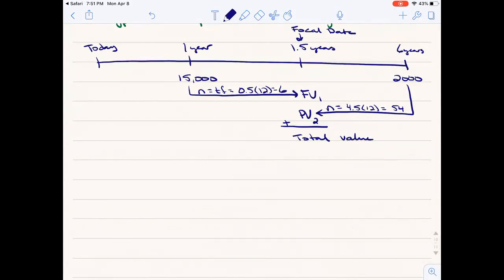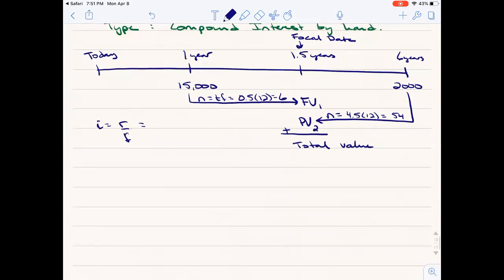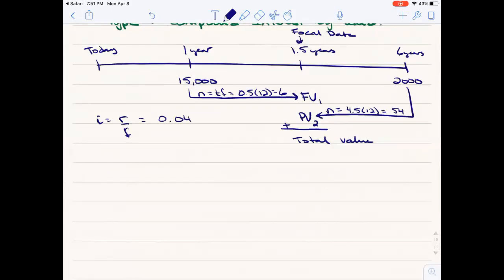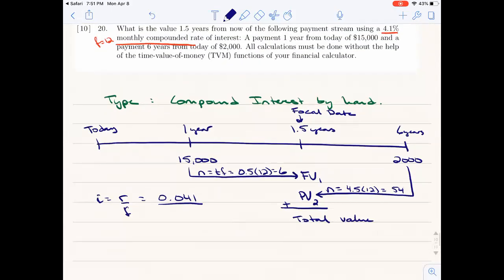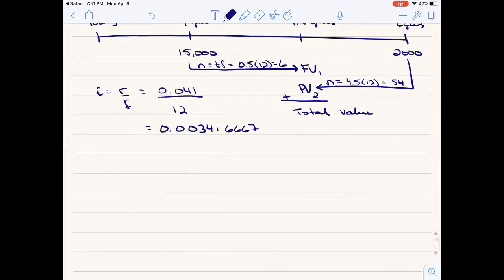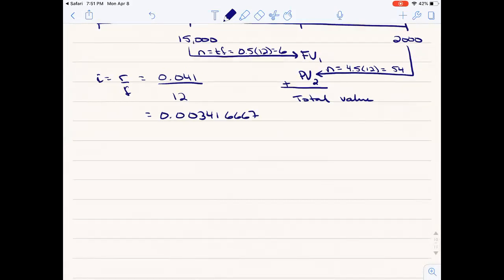And we've got i is r over f, 0.041 over f, which is 12. 0.041 divided by 12 is 0.0034166, probably repeating, but I'll store this in 1.